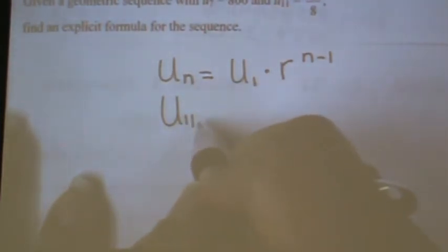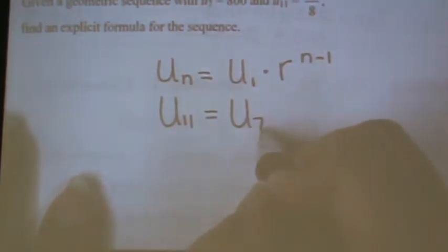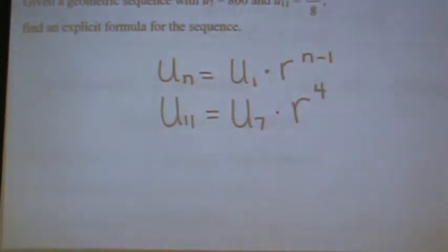I'm gonna use a sub 11 for this outside number, and I'm gonna use a sub 7 for the first term that I know. And now what's my power gonna be with an 11 and a 7 here? 4. Everyone got that part? So if it's geometric, put the 2 that you have and use the larger one on the left side, okay?